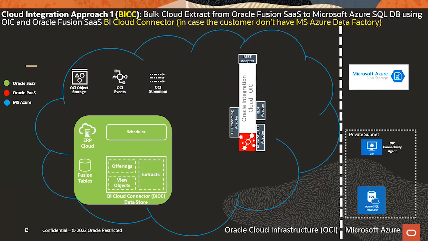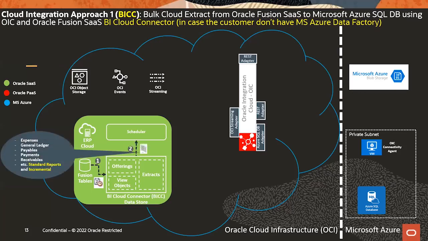If the idea is to generate cloud extracts from Oracle Fusion SaaS, those extracts can be set up within BICC in ERP Cloud. Then we can export that data, and define the target as a bucket within Oracle Cloud Infrastructure Object Storage.